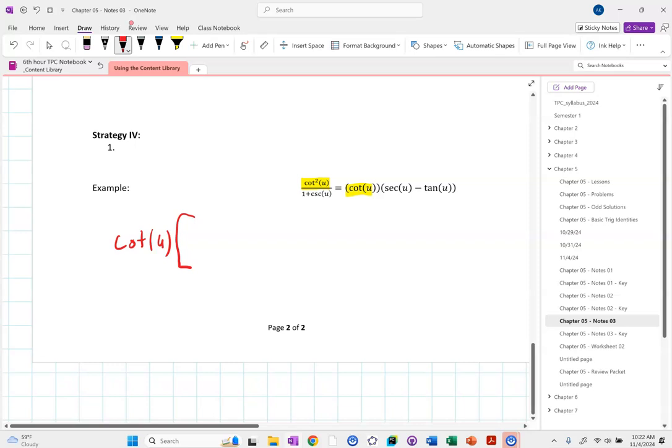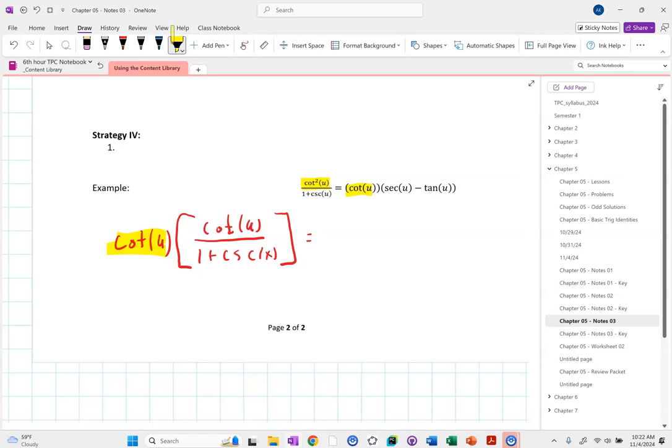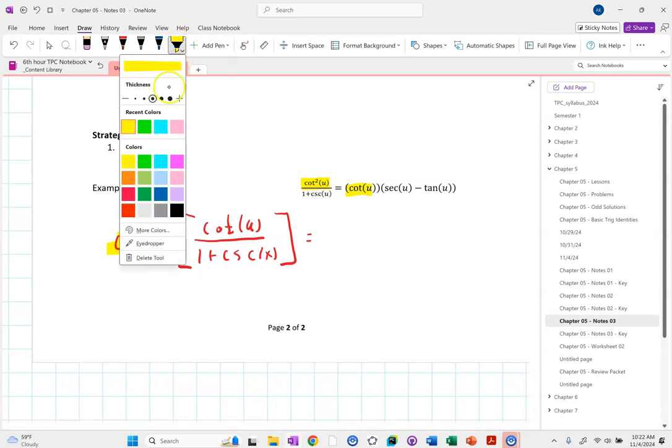So I'm going to take one of those cotangent squares from the numerator and just move it out front. And then that guy I'm not going to touch. Everybody feel okay with that?